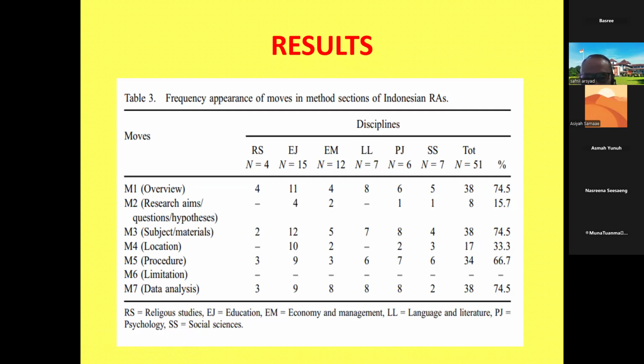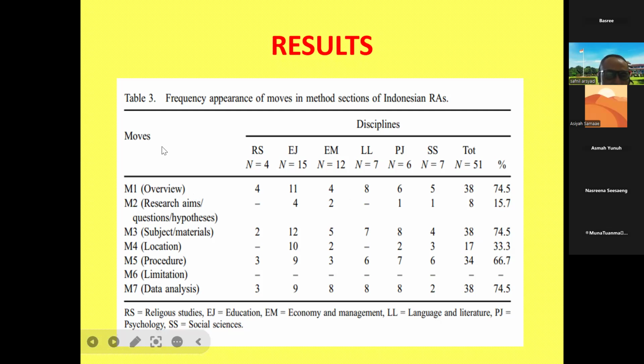And also location. If it is not, for example, an experimental study, it is not necessary. We don't need to address the location of the research. So it's also very rare. But this is not in international journals. This is in Indonesian local journals in social science and humanities. Okay, so this is the condition.